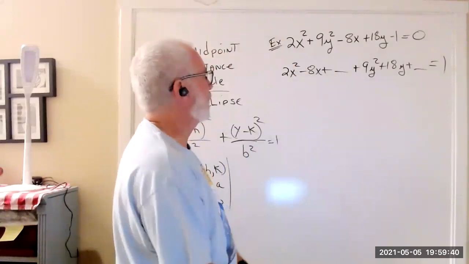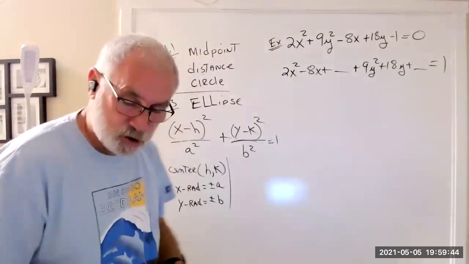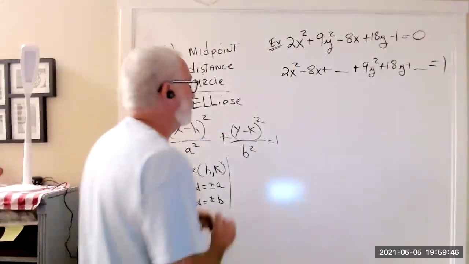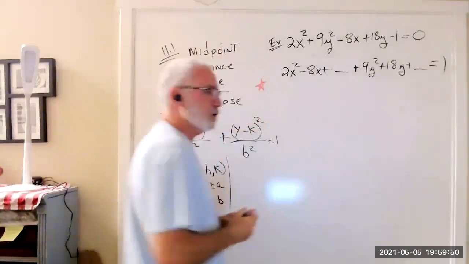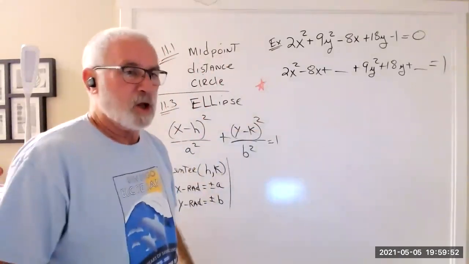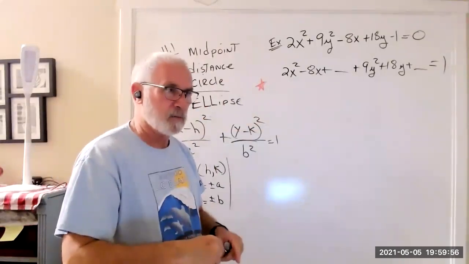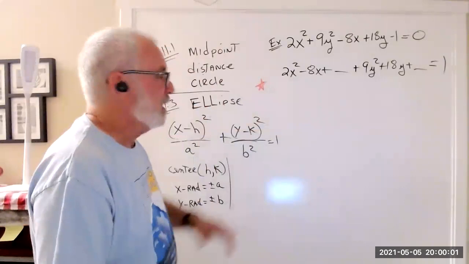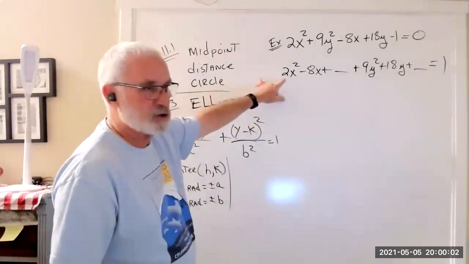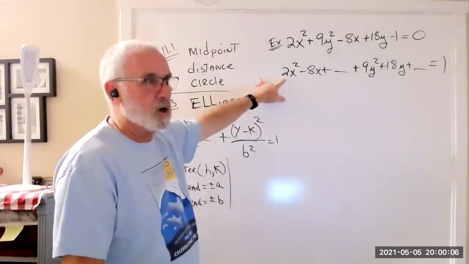Gotcha. Okay. Now, get this, super, super important. Super important. This is why I didn't push it back in chapter 9. You cannot complete the square if the coefficient is more than 1.